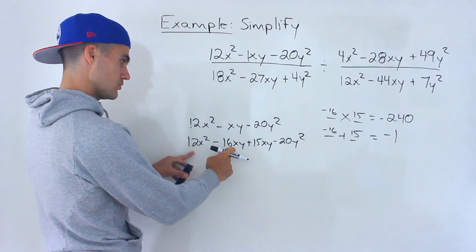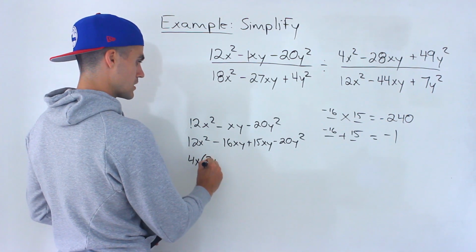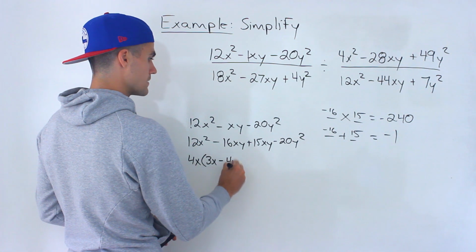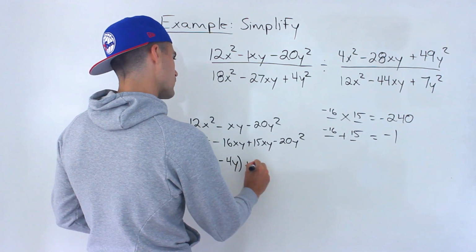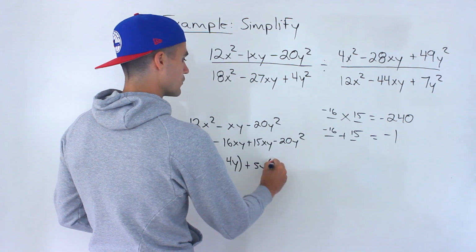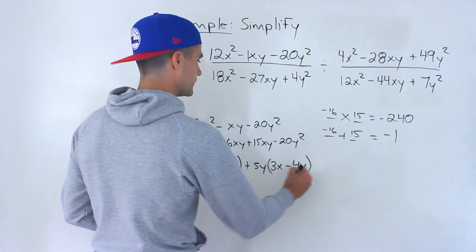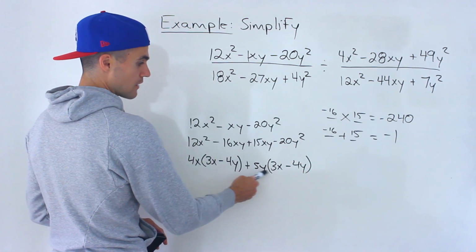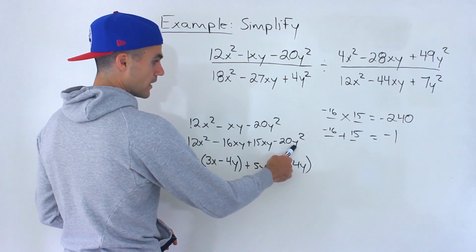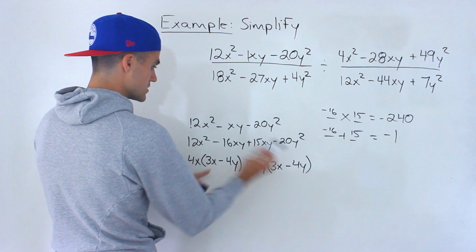From these two, I could take out a 4x, and I'd be left with 3x minus 4y. From these two, I could take out a 5y, and I'd be left with 3x minus 4y. Right, 15xy divided by 5y is 3x, and negative 20y squared divided by 5y is negative 4y. Notice that these two brackets are the same.